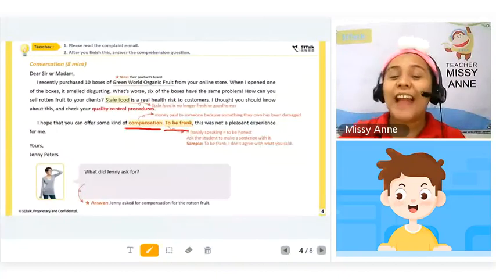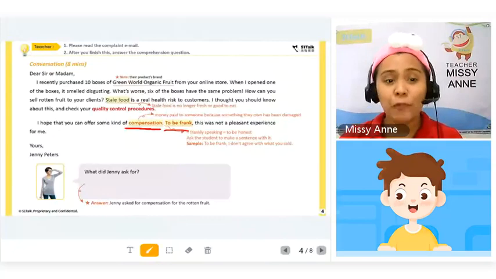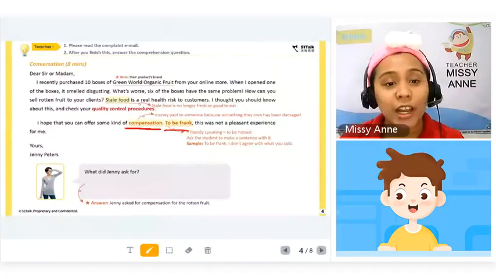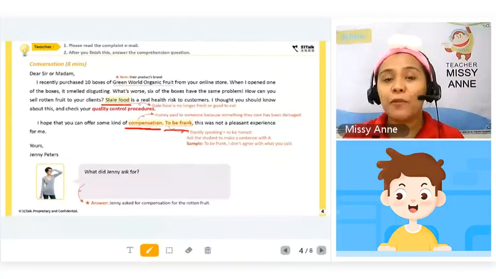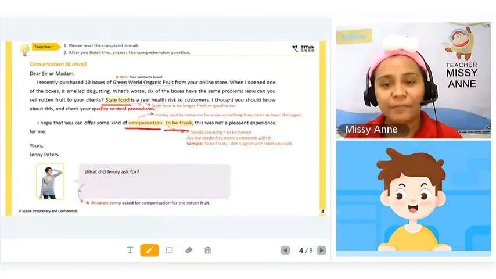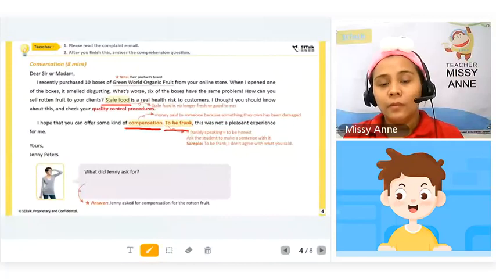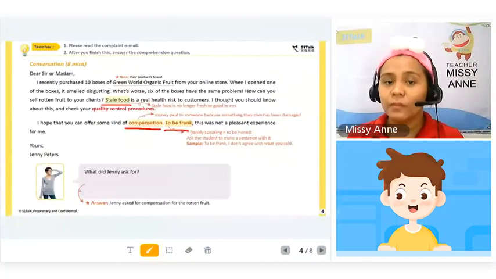Yes. Okay. Now, Fiona, before we answer the question, can you try and use stale food in a sentence? Stale food. It's an upsetting experience to buy the stale food.